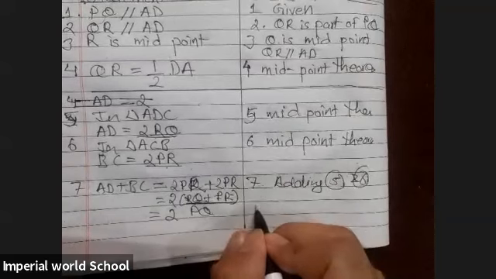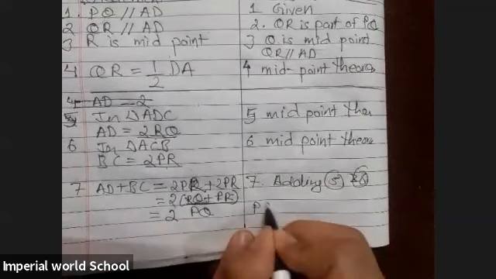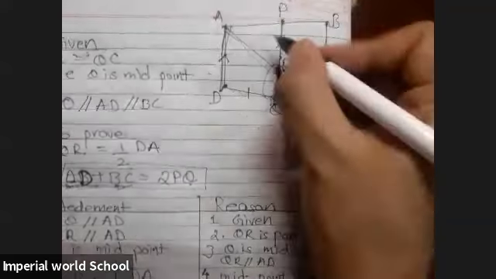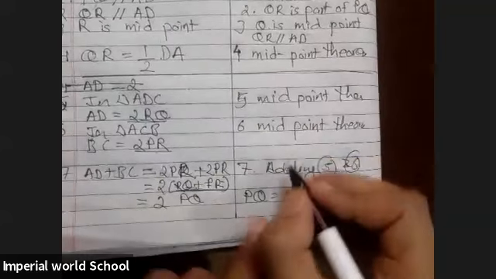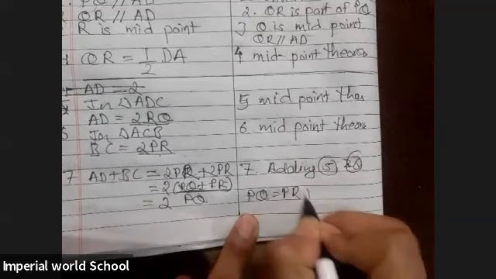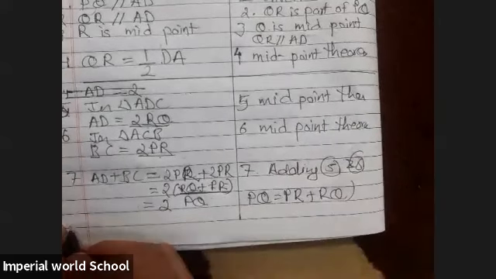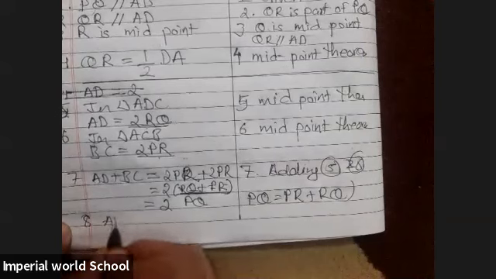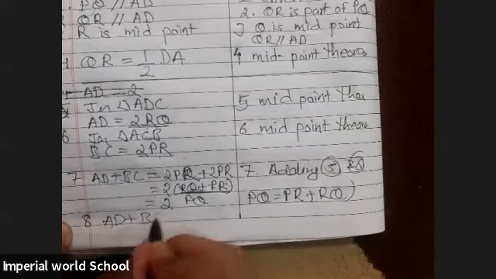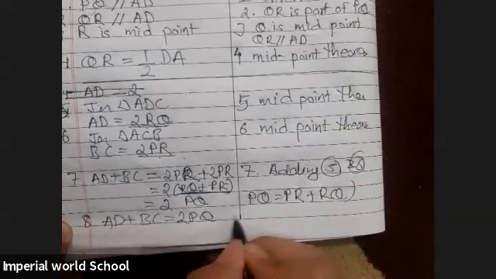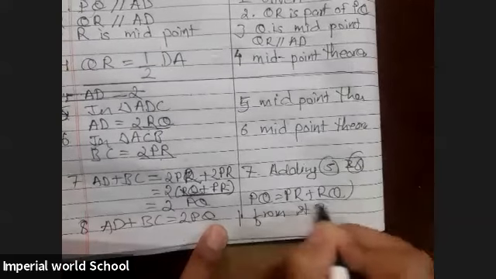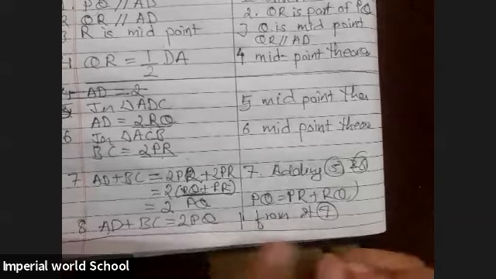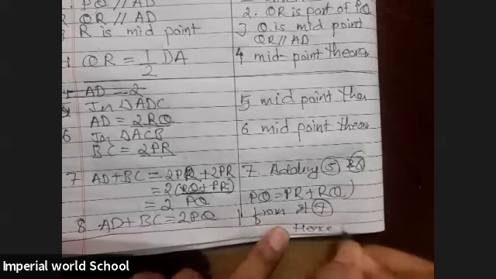So you have to write the reason for this is since PQ is made up of PR plus RQ, you can write PQ is equal to PR plus RQ. So hence proved. So therefore we get AD plus BC equals 2PQ from statement 7. And this is hence proved.